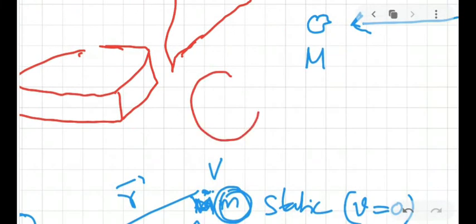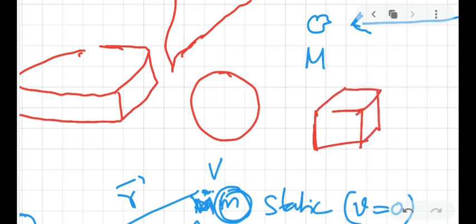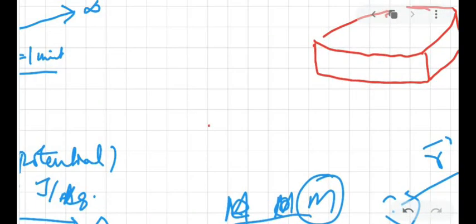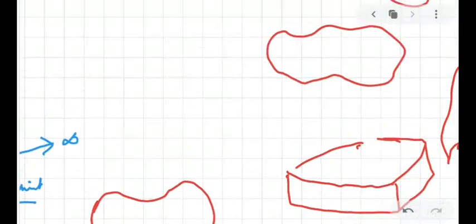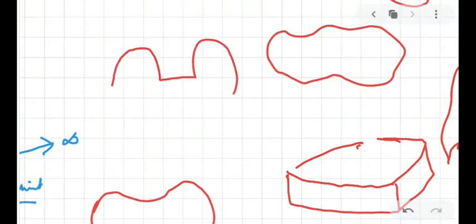It could be a sphere. It could be a cube. It could look like a peanut, the shell of a peanut. It could look like a dumbbell, the dumbbell you use.